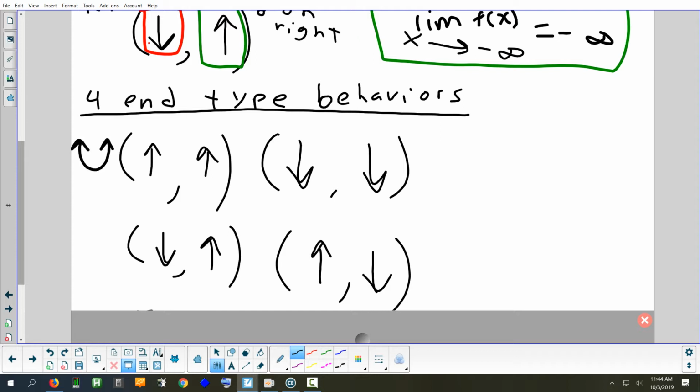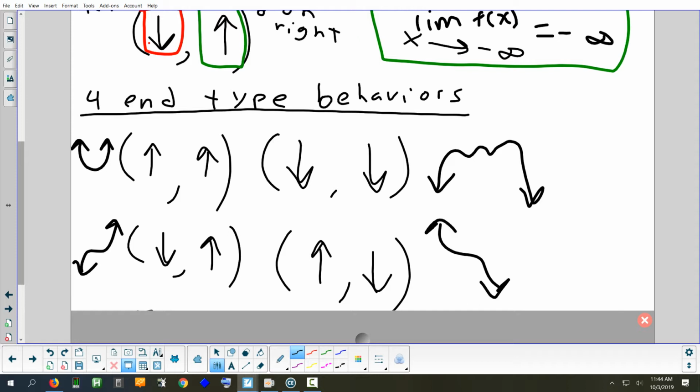Down, down could be something like this. It doesn't matter if it twists and turns, it just matters what happens overall at the ends. Down, down. This one, that's a down, up. And that's an up, down. Every single polynomial will fit one of those four patterns.